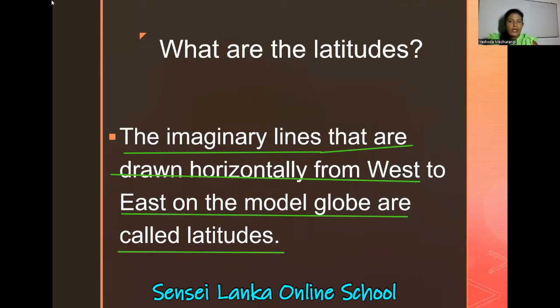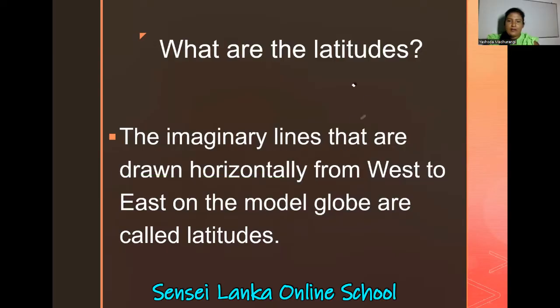Now, dear children, look at the definition again. The imaginary lines that are drawn horizontally from west to east on the model globe are called latitudes. See how easy it is to understand. What are the special things you have to understand? Now I'm going to underline the special things. They are imaginary lines.